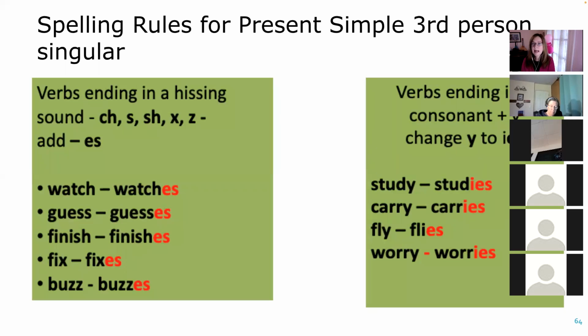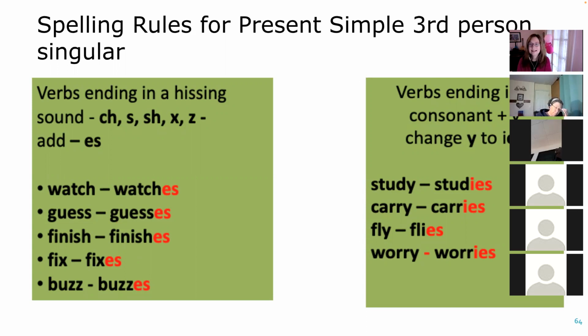If the verb ends in a consonant and then the letter Y, and remember your consonants are the letters of the alphabet except A, E, I, O, U. A, E, I, O, U are the vowels, and the consonants are all the rest of the letters.